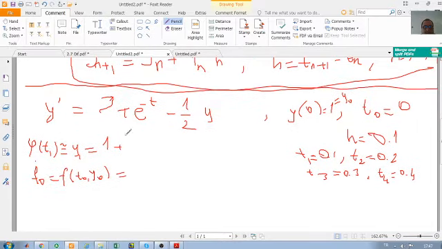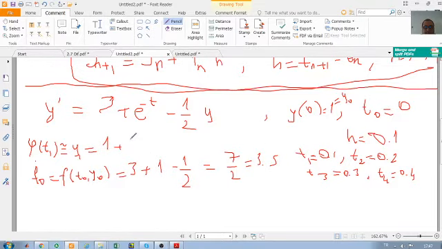From here, 3 plus, when we write 0 for t, because t0 is equal to 0, we have 1 for the second term, minus 1 over 2 when we write 1 for y. So here we have 4 minus 1 over 2, which is equal to 7 over 2. Namely, we have 3.5.